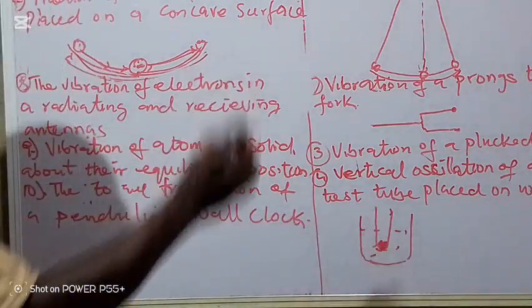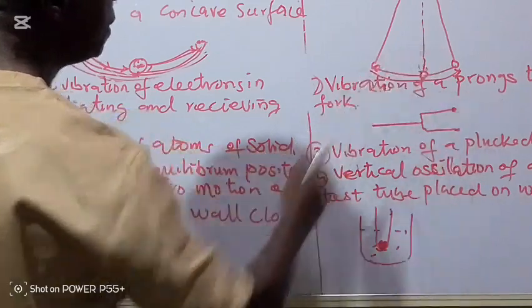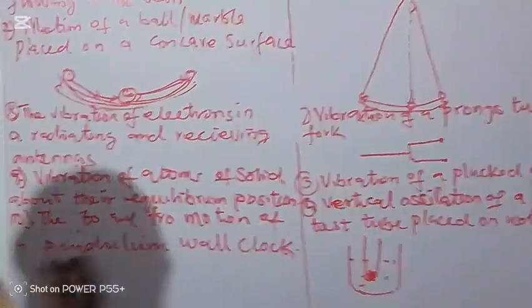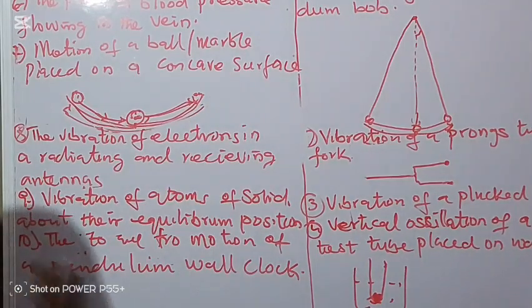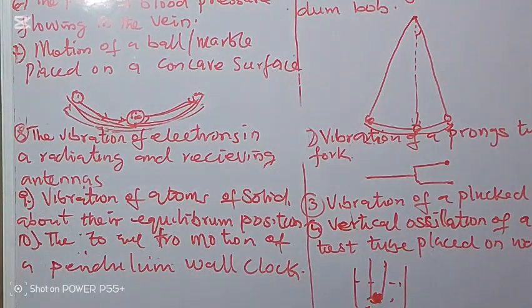That is like the suspended simple pendulum. A pendulum wall clock also will perform simple harmonic motion. The to and fro is also a typical example of simple harmonic motion.